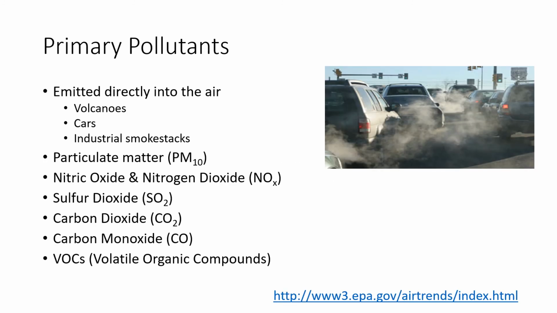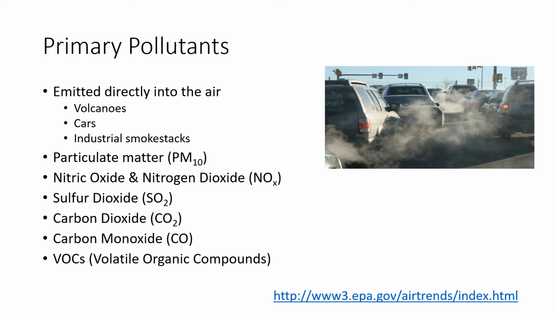So when we talk about air pollution, there are two kinds of air pollutants really. There's primary pollutants, which are pollutants that are emitted directly into the air. So it can happen naturally, like from a volcano, or anthropogenically through cars or smokestacks, whatever it may be.